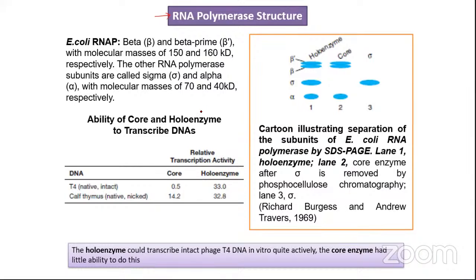So obviously, the first steps were taken in order to isolate the E. coli RNA polymerase. This RNAP is just a short form of RNA polymerase.